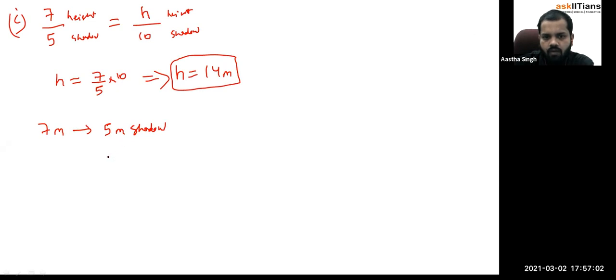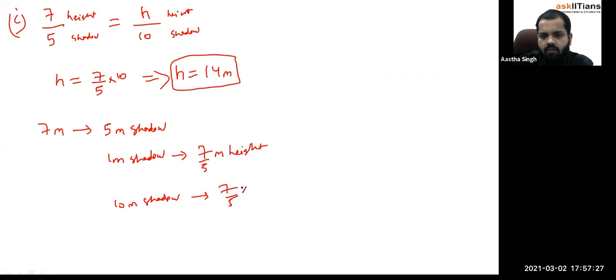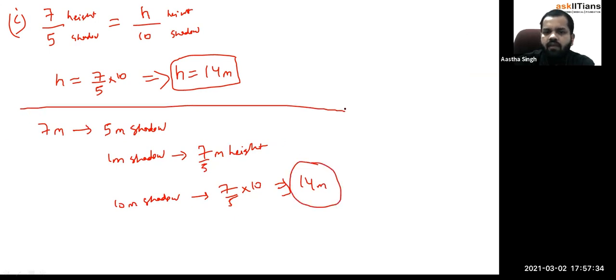So 1 meter shadow will require 7 by 5 meter height. So 10 meter shadow will require height of 7 by 5 multiplied by 10, which is 14 meters. You can choose either method.